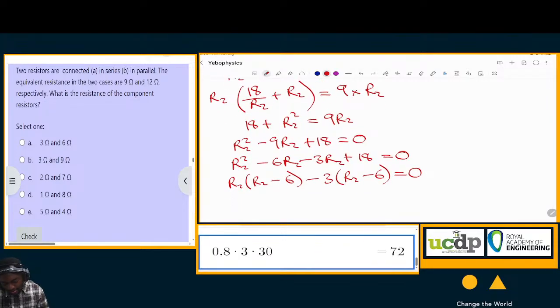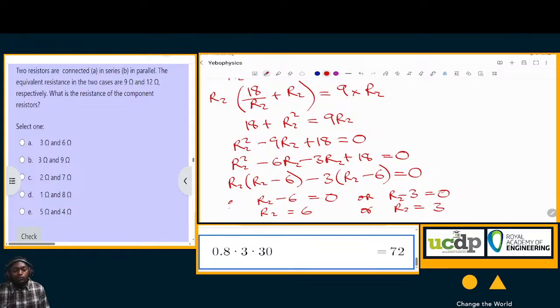Alright, so which means that from this, R2 is equal to 6, or R2 is equal to 3. So R2 can either be 3 or it can either be 6. But what is R1?